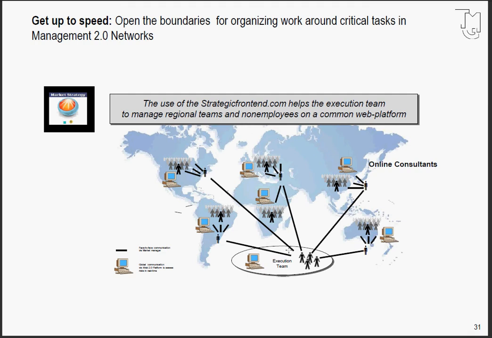So you have the execution team, and you can add online consultants or content providers, research, and so on for the topic at hand. And this is how you speed up the extension of this kind of network based on the strategic-frontend.com platform.